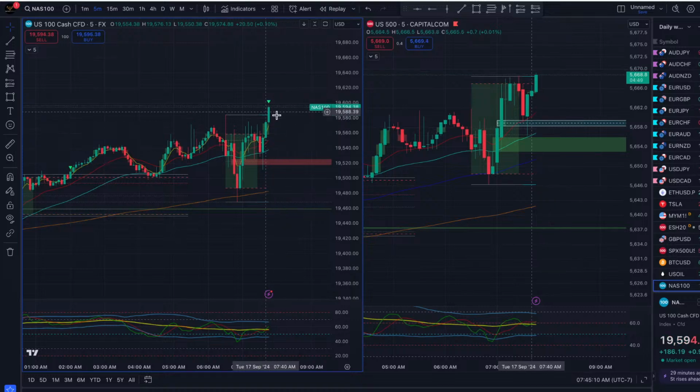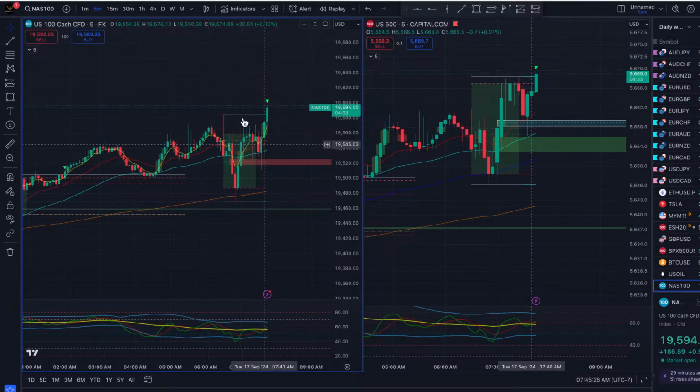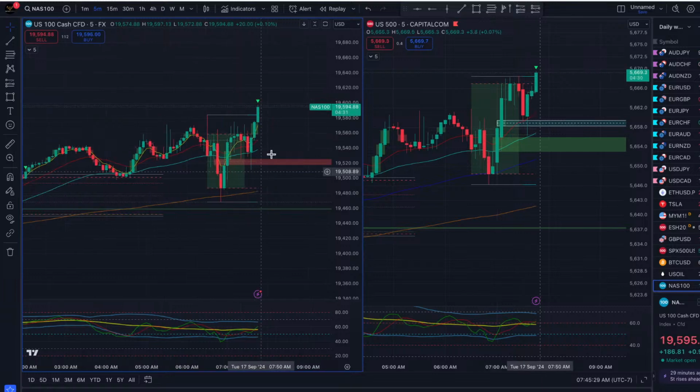Let's see if this bullish confirmation sticks. US 500 as well, taking out all those highs. Now, since we've already had an early retracement, this will be moving most likely quick. So this becomes our fair value gap of interest.